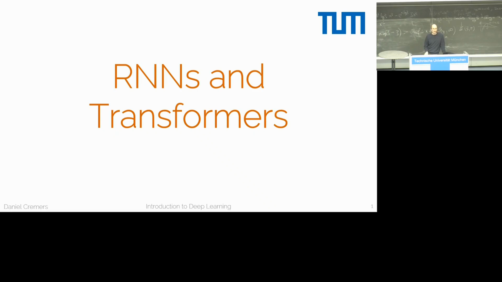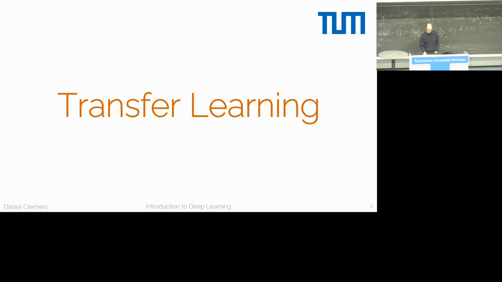This is something I'm sure many of you have heard of and have tried. I guess everyone has tried ChatGPT. This is an example of a transformer architecture, and that has really revolutionized language analysis, but also many other domains in its wake. But before we go into RNNs and transformers, let's first talk about transfer learning.